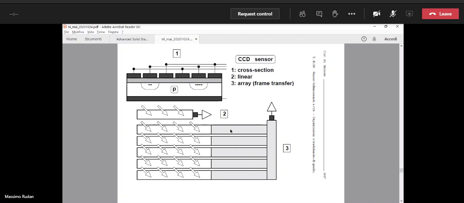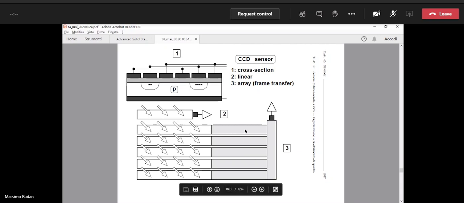They have a layer on top that prevents the radiation from crossing into the semiconductor. So at the end of the integration period, they operate very quickly on the gates and transfer all the charge packets into the protected region.